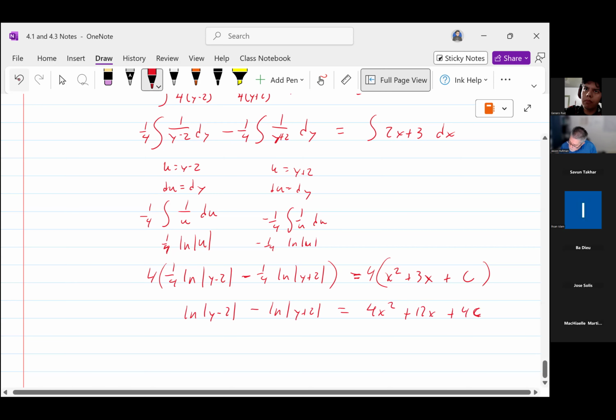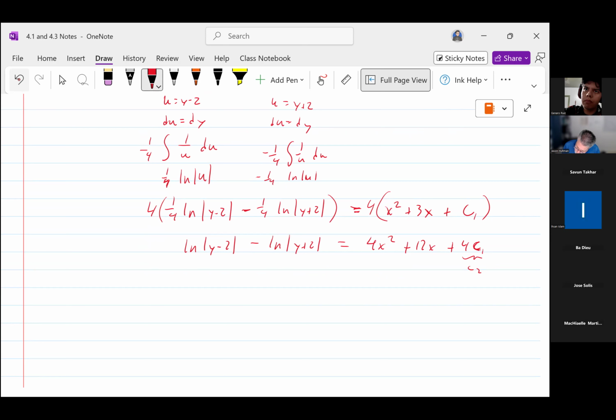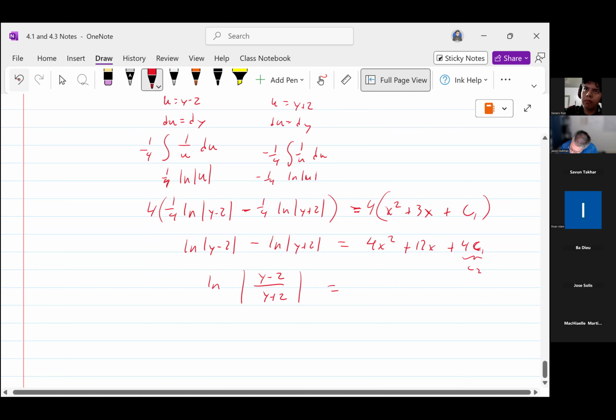But again, for 4c, I'll call this C1, and C1 is just C2. I can use the properties of natural logs to say this is the natural log of the absolute value of y minus 2 over y plus 2 is equal to 4x squared plus 12x plus C2.